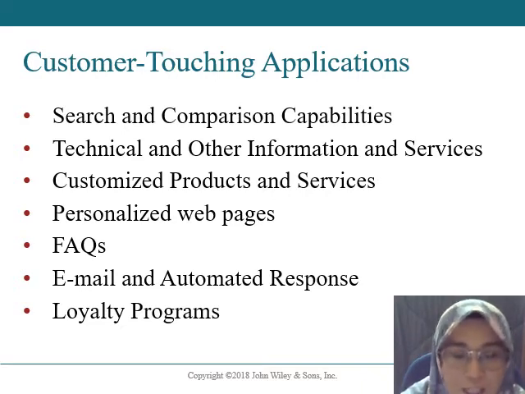It lets the customer customize the product and also the services. For example, they can view their balance, like in a banking system when we want to check our balance, so that is customized services for the customer. Okay, check shipping status of an order and so on.